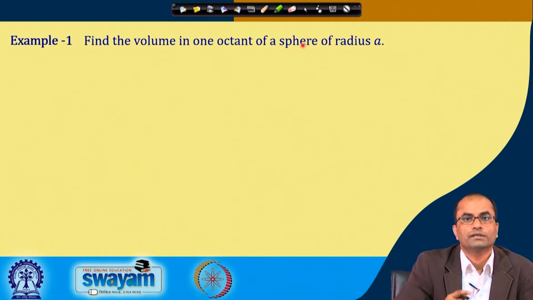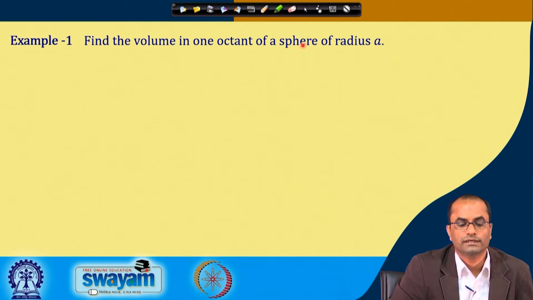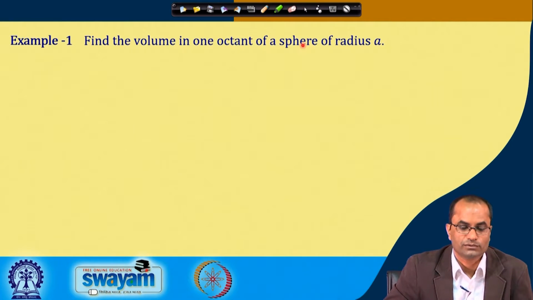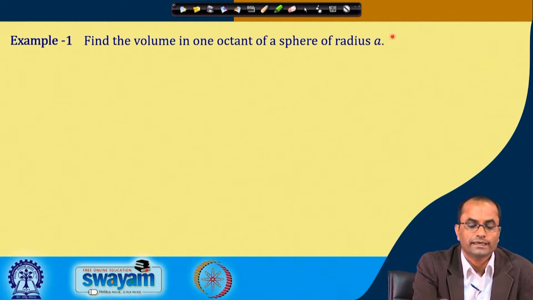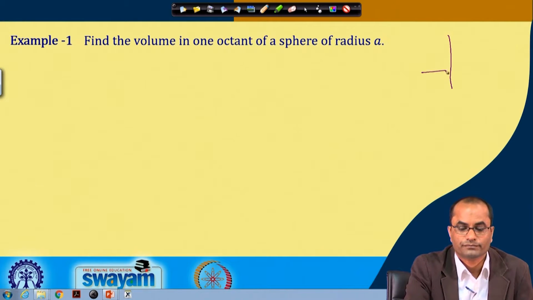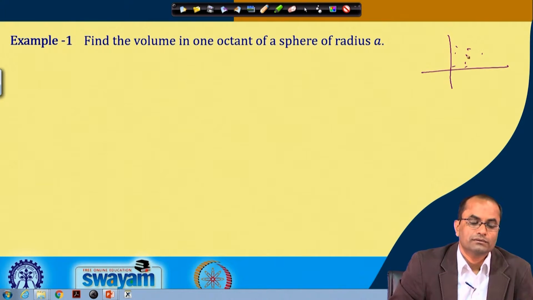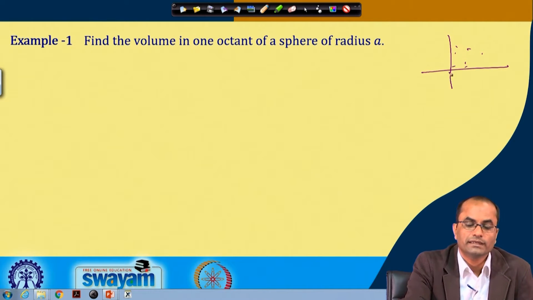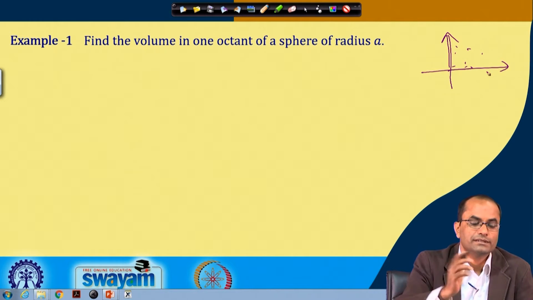We know the equation of the sphere, in terms of x square and y square, and then the volume in one octant. So, we are considering basically the first octant here.